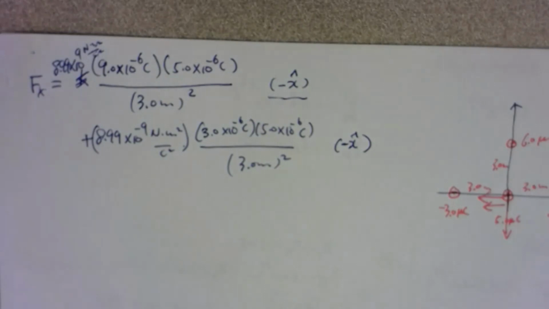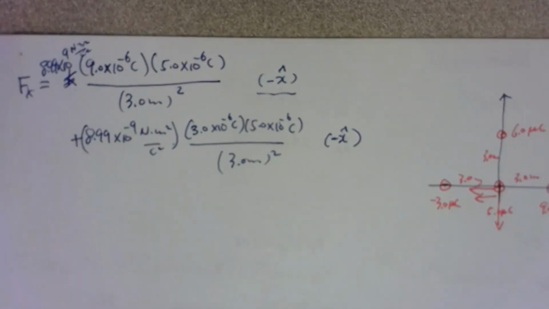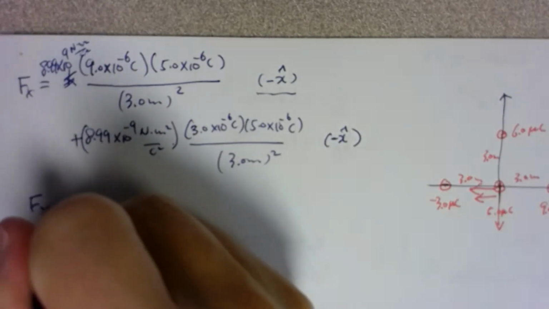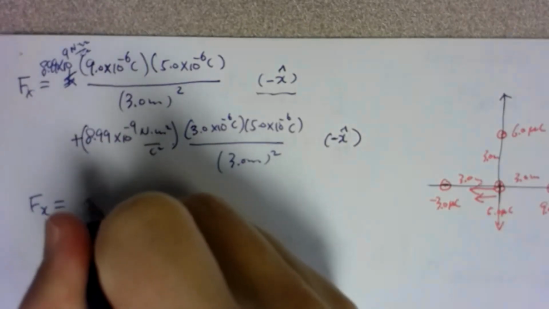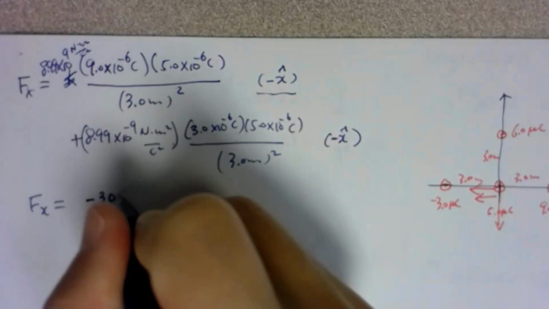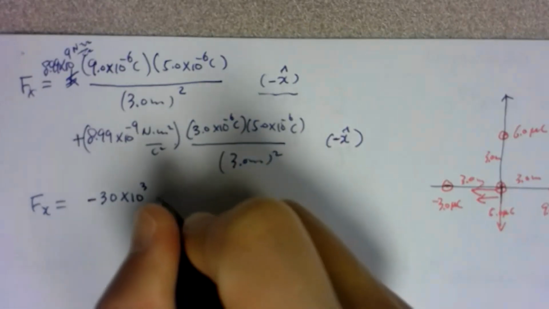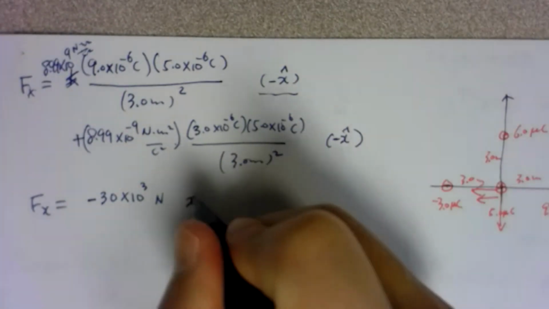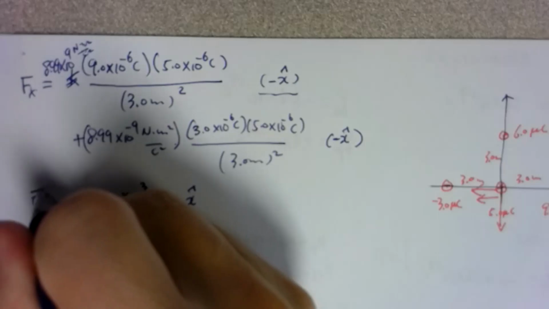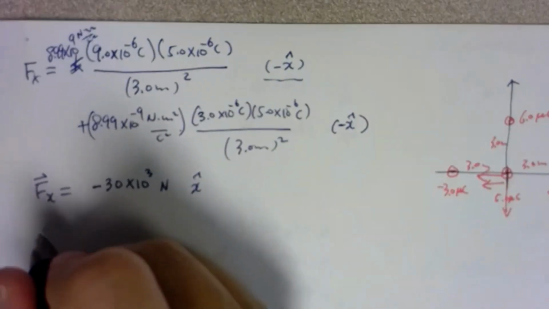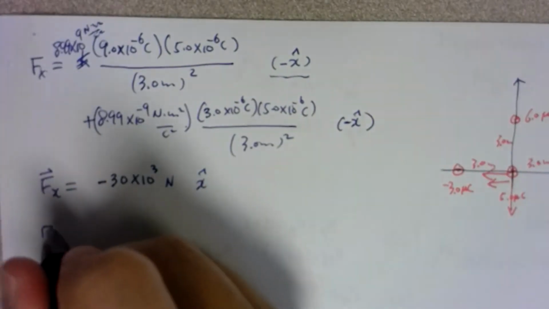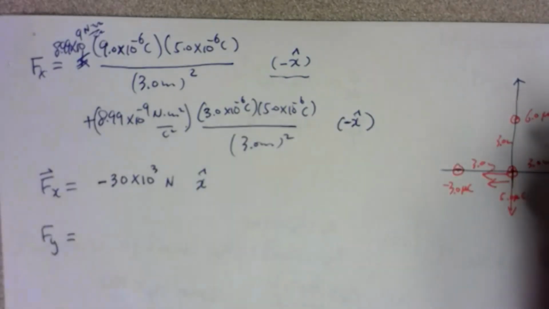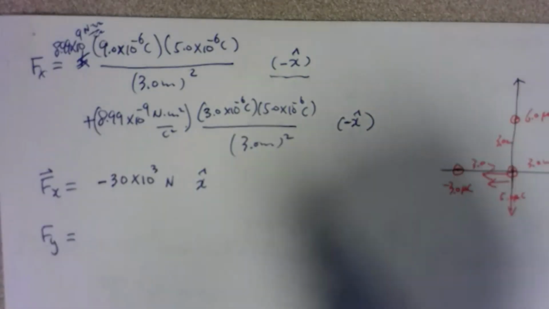So you calculate, and it turns out everything adds up to be F in the x direction turns out to be minus 30 times 10 to the third newtons. So that's the x direction force. The y direction force, F sub y, is just from this guy, so it's in the negative direction.